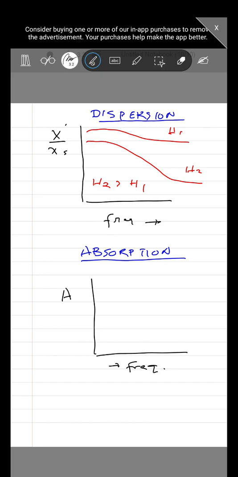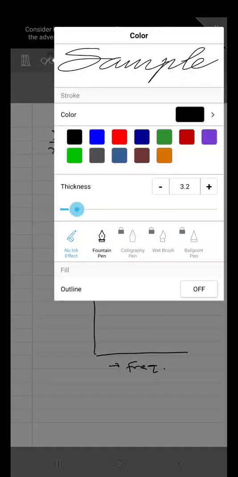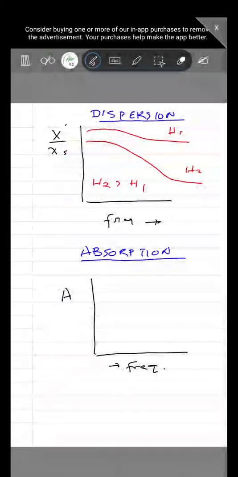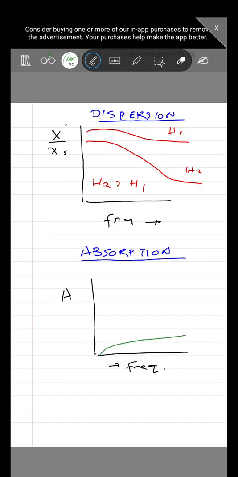Here the variation will be different. For low magnetic field, it will follow a plot like this. For high magnetic field, of course, the absorption will be higher, so it will follow a plot like this. So this is H1 and this is H2. Here H2 is greater than H1.